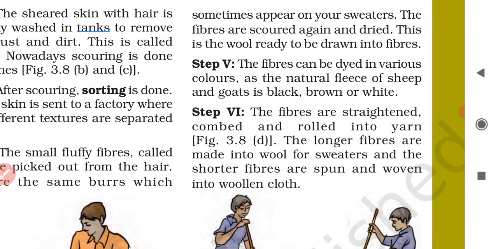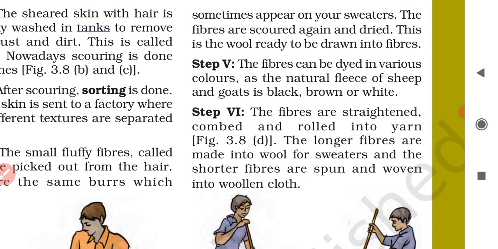Step number 6, last step, is spinning. So what happens here? The long woolen fibers are then spun or twisted into thick yarn which is called as wool, which is used for knitting sweaters.